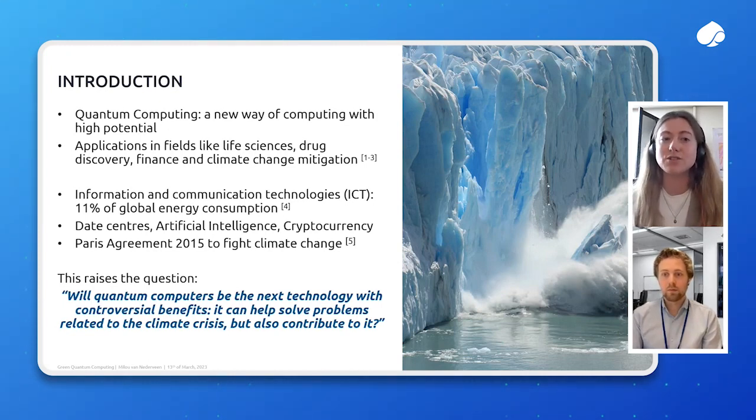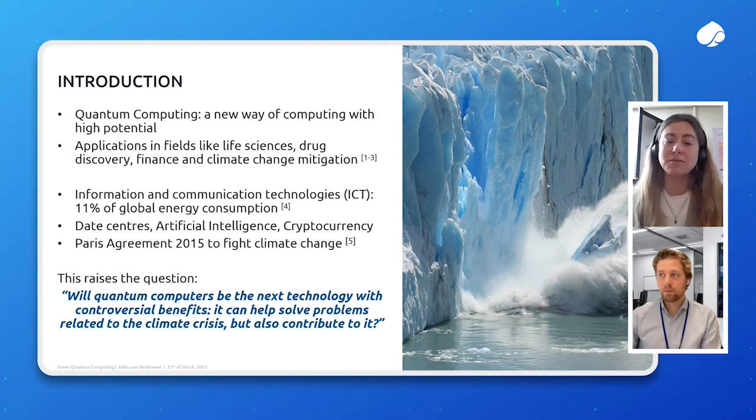However, on the other hand, we've also seen the increase of energy consumption by information and communication technologies, which is currently estimated to be 11% of the global energy consumption. And specifically, data centers, artificial intelligence, and cryptocurrency have been in the news due to their very high energy demand.